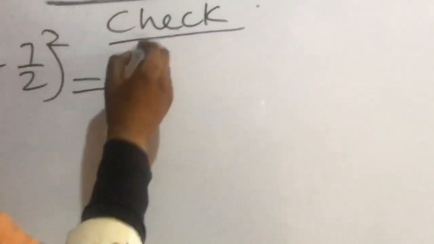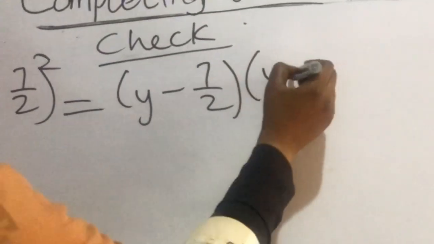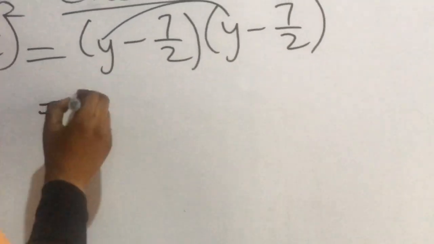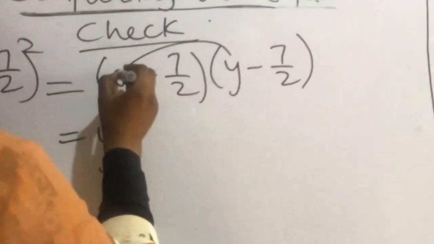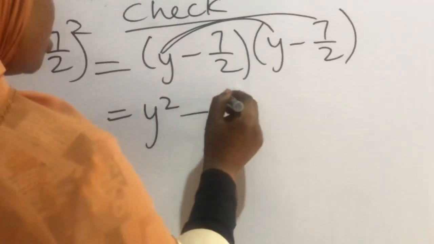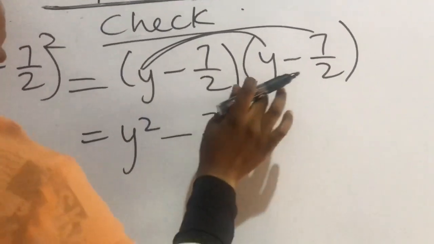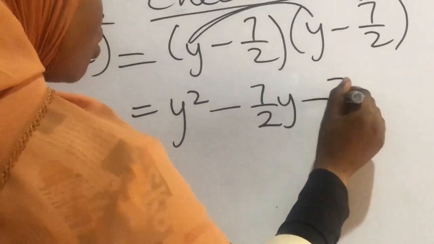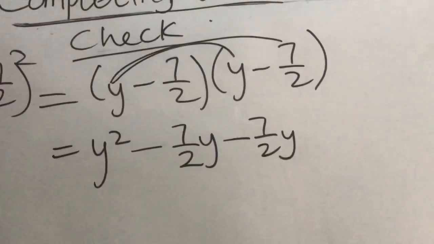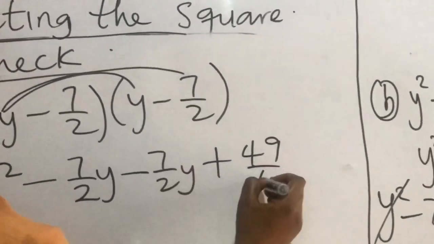So this one means y minus 7 over 2 multiplied by y minus 7 over 2. So y multiplied by y gives y squared. y multiplied by minus 7 over 2 gives minus 7 over 2 y. Minus 7 over 2 multiplied by y gives minus 7 over 2 y. Minus 7 over 2 multiplied by minus 7 over 2 gives plus 49 over 4.